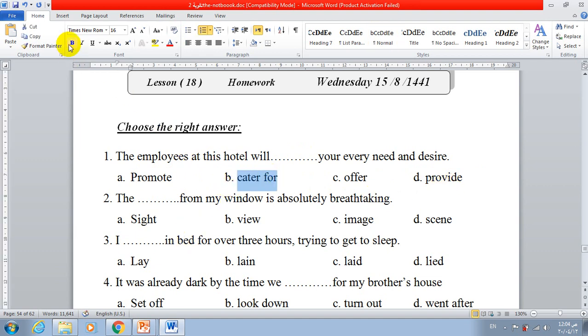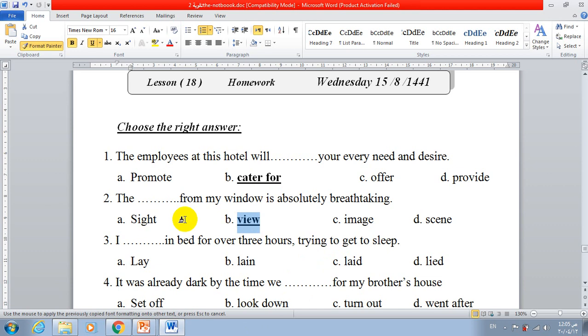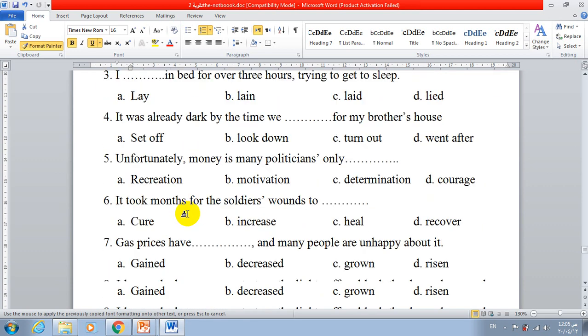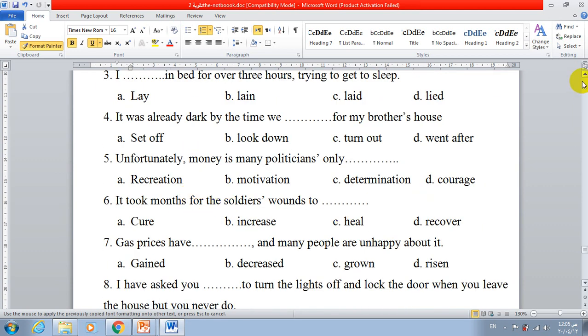Good. The right answer is letter B. And number 2, the view from my window is absolutely breathtaking. And I told you before what is the difference between sight or view and image are seen. What is the right answer? Good. The right answer is the word view.